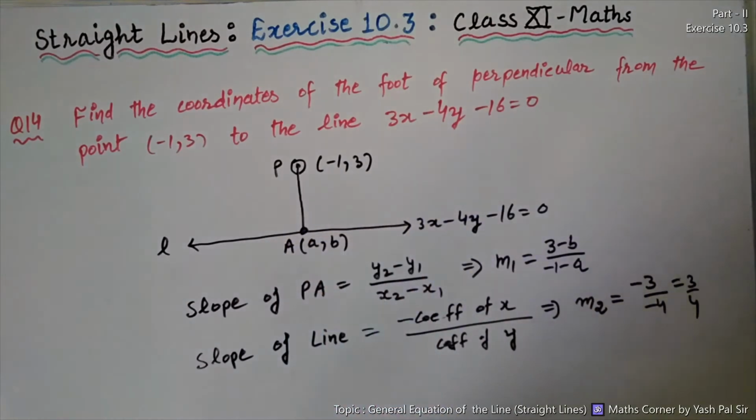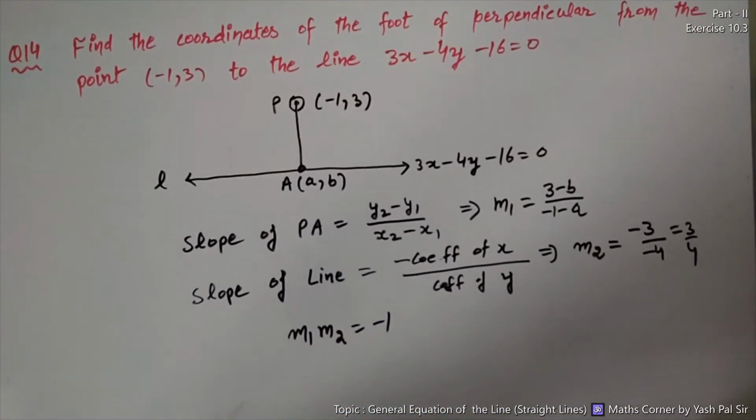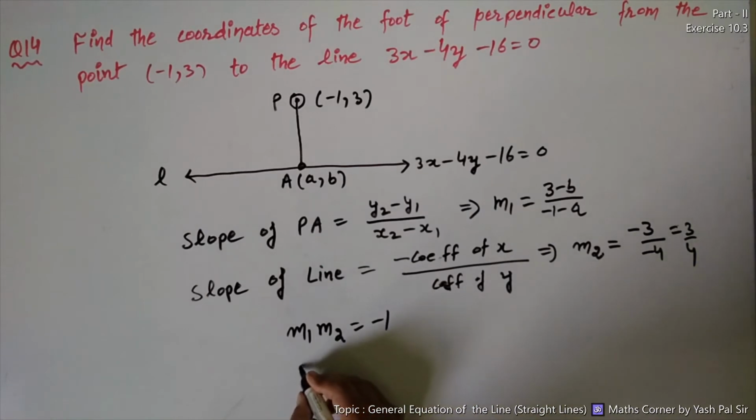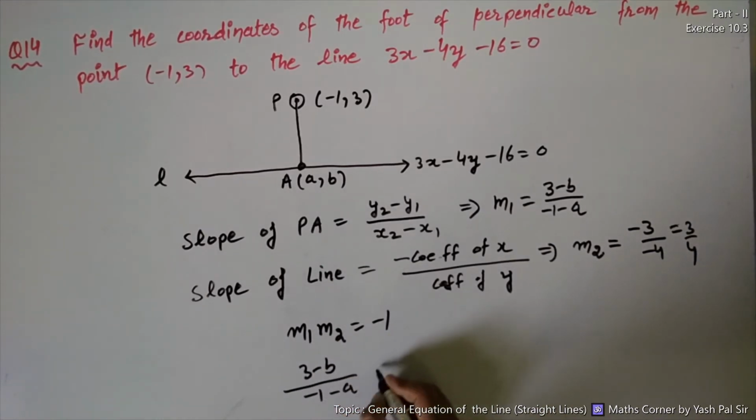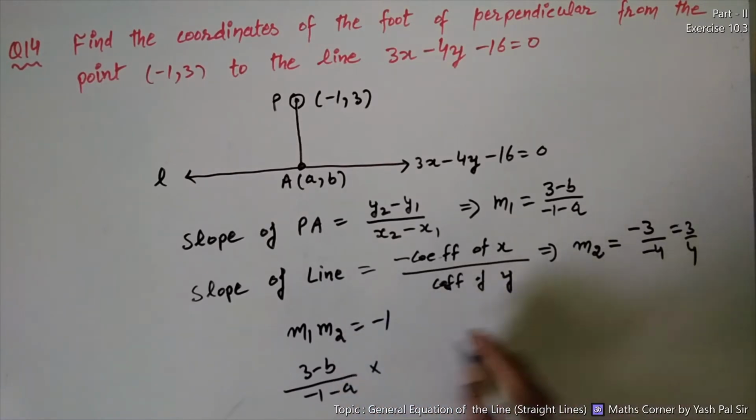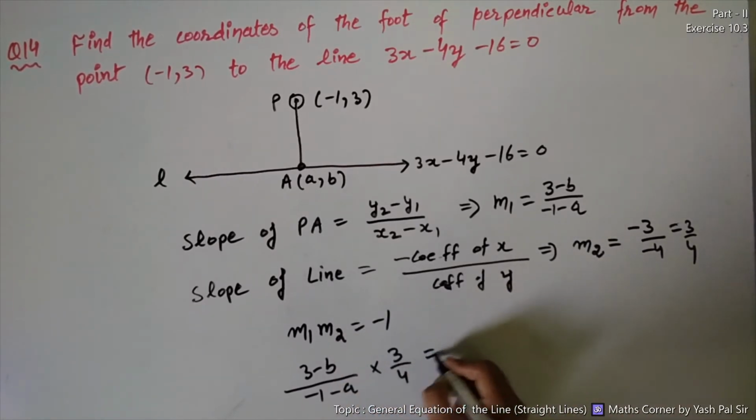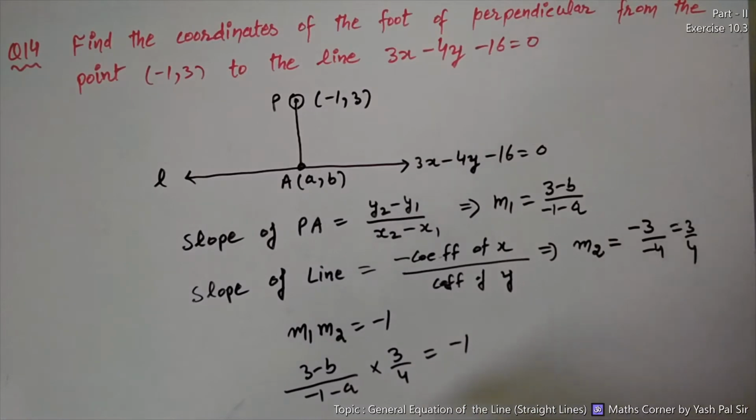Now because these two lines are perpendicular to each other, we write m1 into m2 equal to minus 1, right? So here m1 is 3 minus b divided by minus 1 minus a, into m2 which is 3 upon 4, is equal to minus 1.